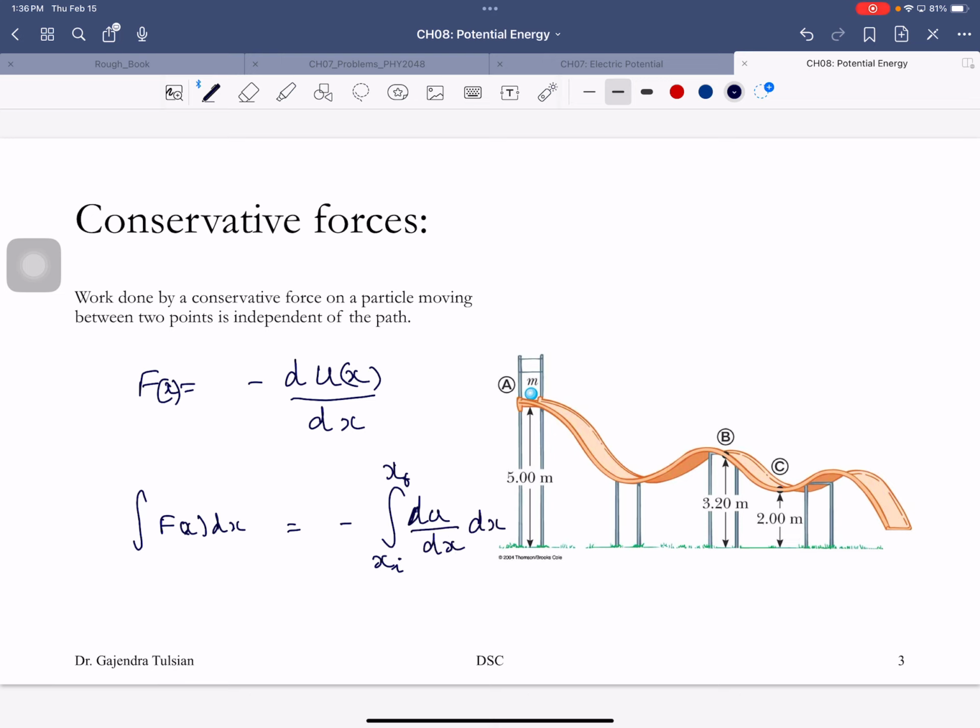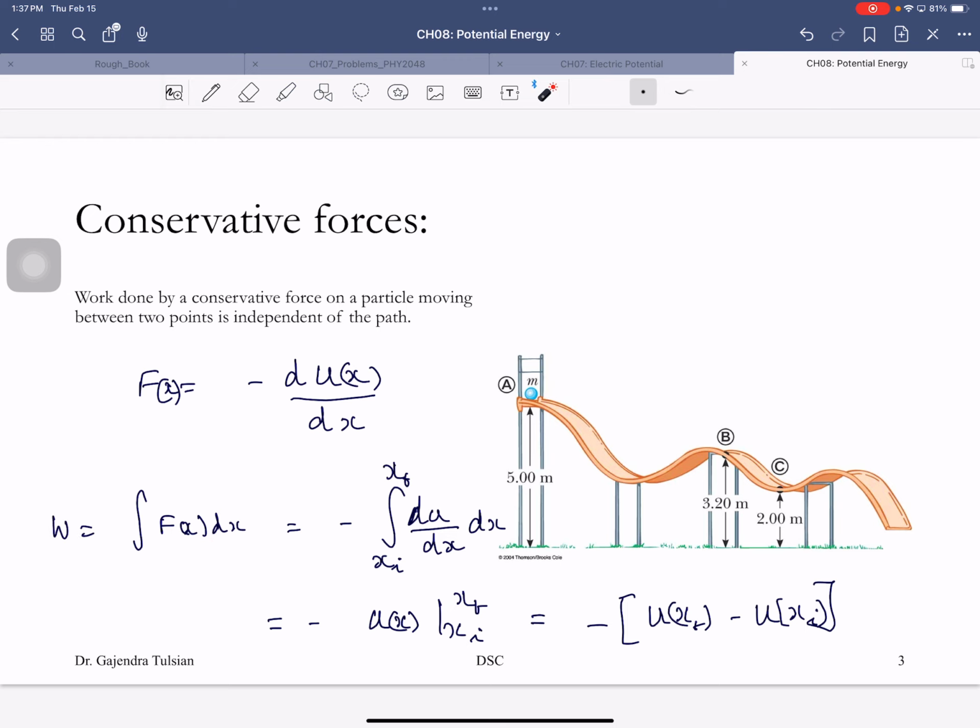And the fundamental theorem of calculus lets us evaluate this integral. It is just U(x). The value of the integral, which was the work done, depends only on the end points.